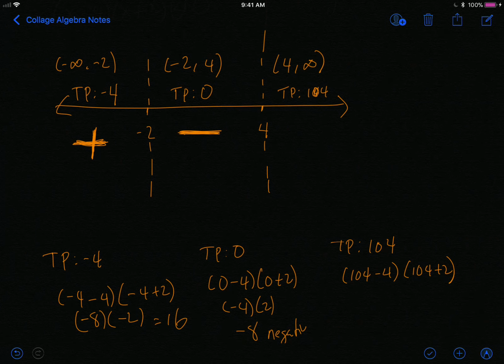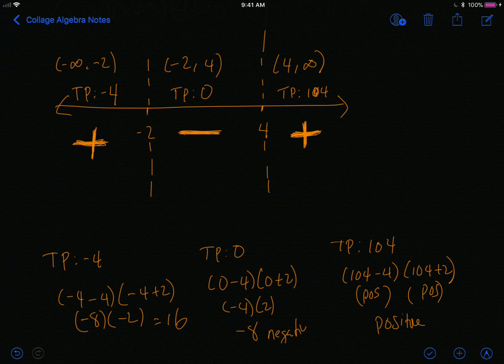Well, 104 minus 4 is a positive number. And 104 plus 2 is a positive number. A positive times a positive is positive. So that tells me that this is a positive region. Notice that I didn't actually need to work the numbers out. All I really care about is, am I above, positive, or am I below, negative?